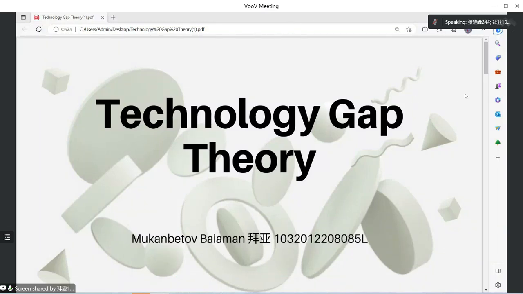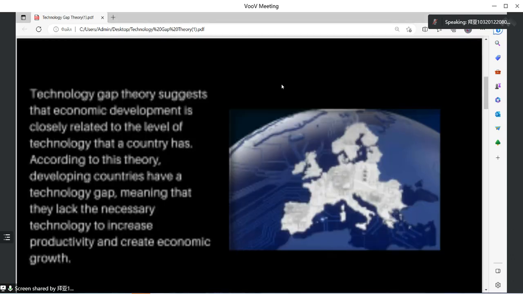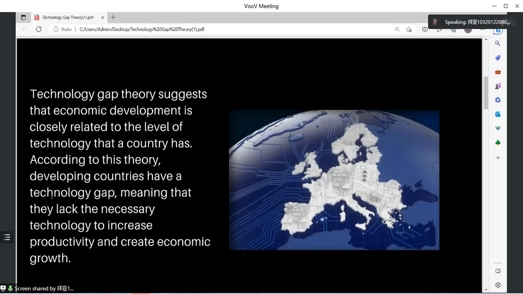It's technological gap theory. The technology gap suggests economies' development is closely connected to the technology level of countries. This theory talks about how developing countries have a technology gap.